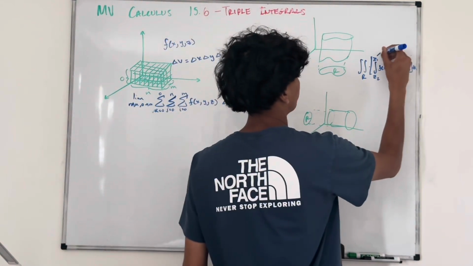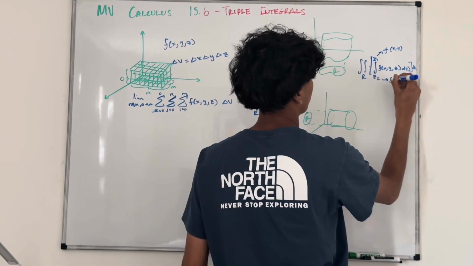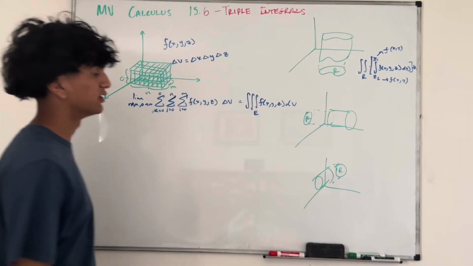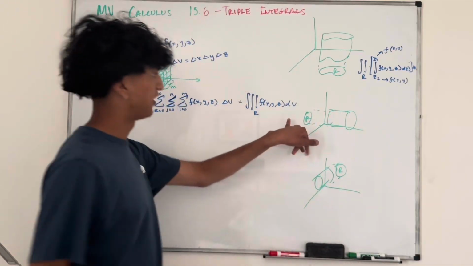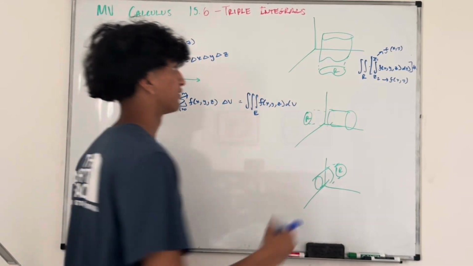Now, z1 and z2, these are functions, right? Functions of x and y. So now we will have functions when we're integrating over a region in the zx plane. It's going to be the same double integral.